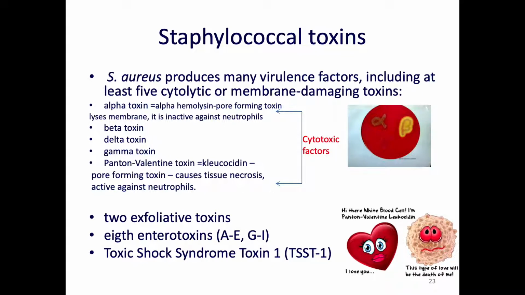Alpha toxin is a hemolysin pore-forming toxin which lyses membrane, and it is inactive against neutrophils. So all of these toxins that we just listed, alpha, beta, delta, gamma, and Panton-Valentine, are cytotoxic factors.